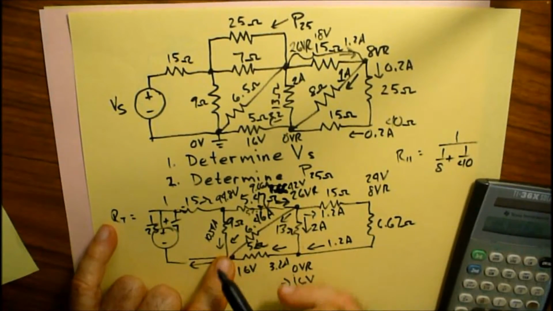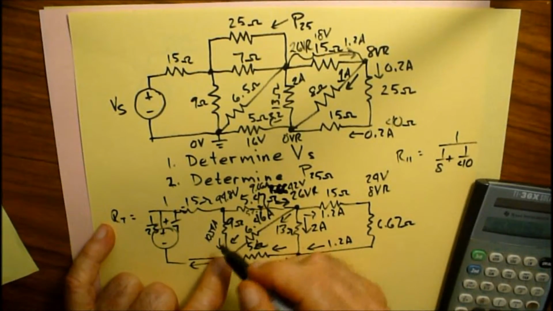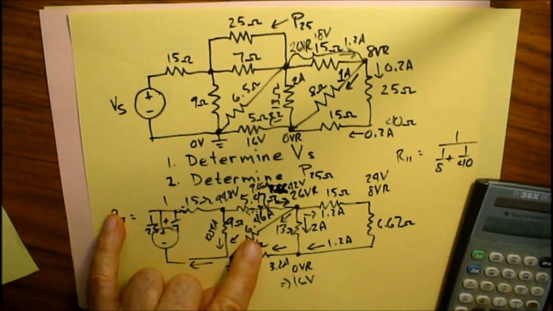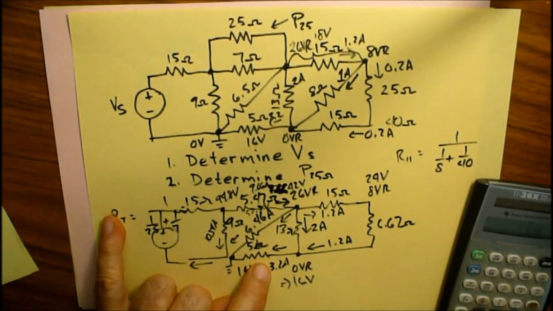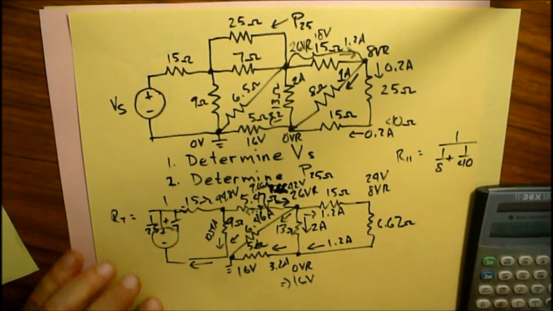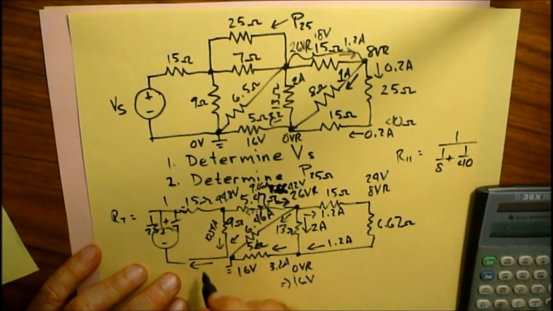Okay, so I have 10.54 going here, and then plus 6.46 plus 3.2 equals.